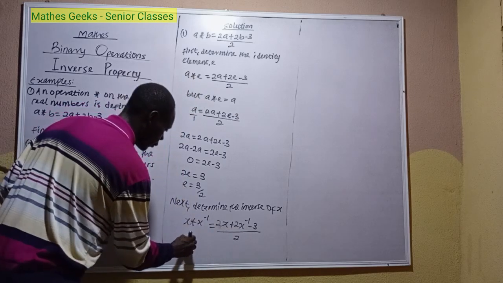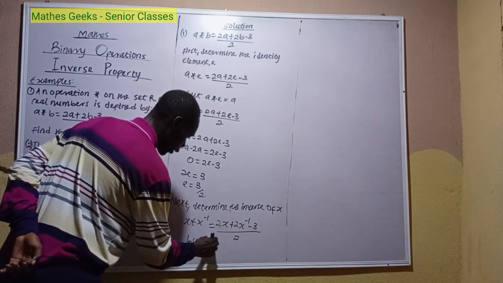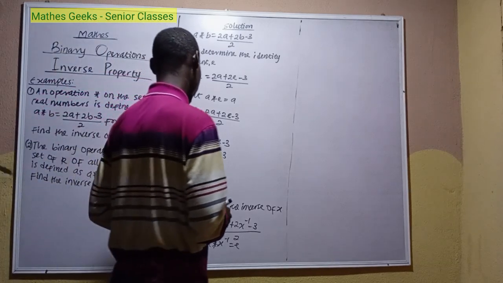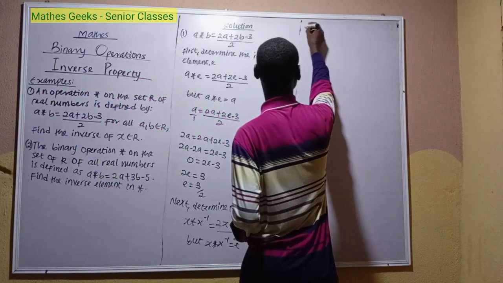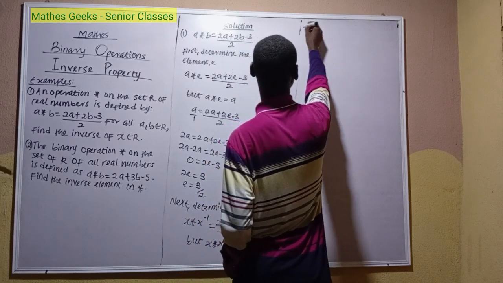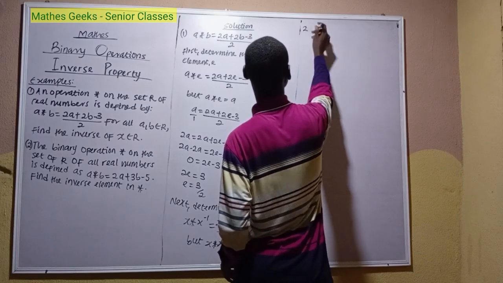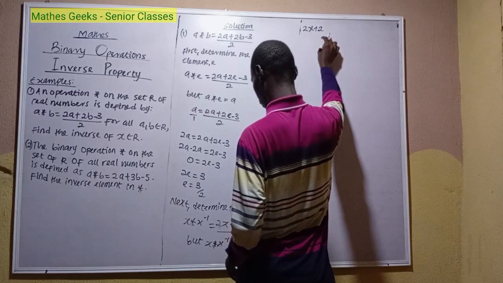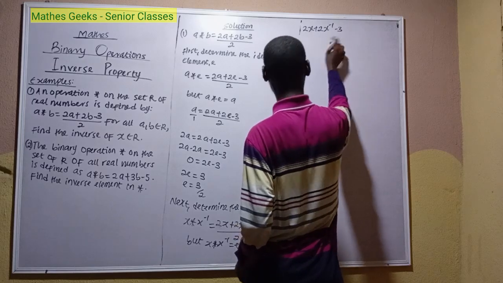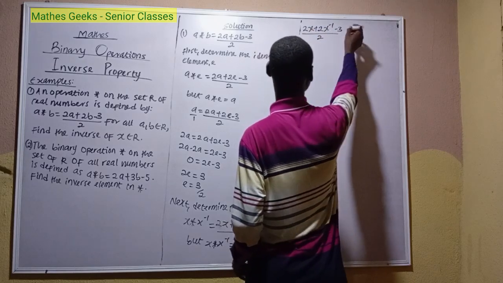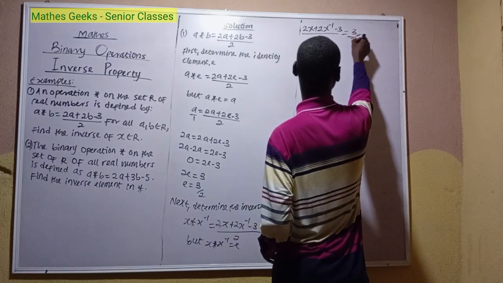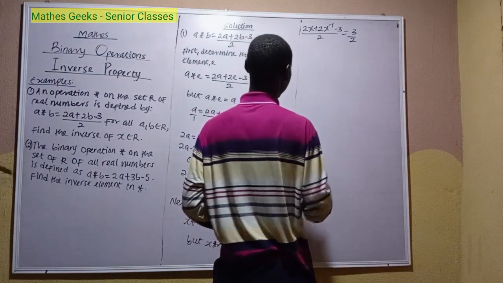But this particular part means that X operation X inverse is equal to E. So X operation X inverse is equal to 2x plus 2x inverse minus 3 over 2, equal to E, which is the identity element, 3 over 2. So now we can cross multiply.